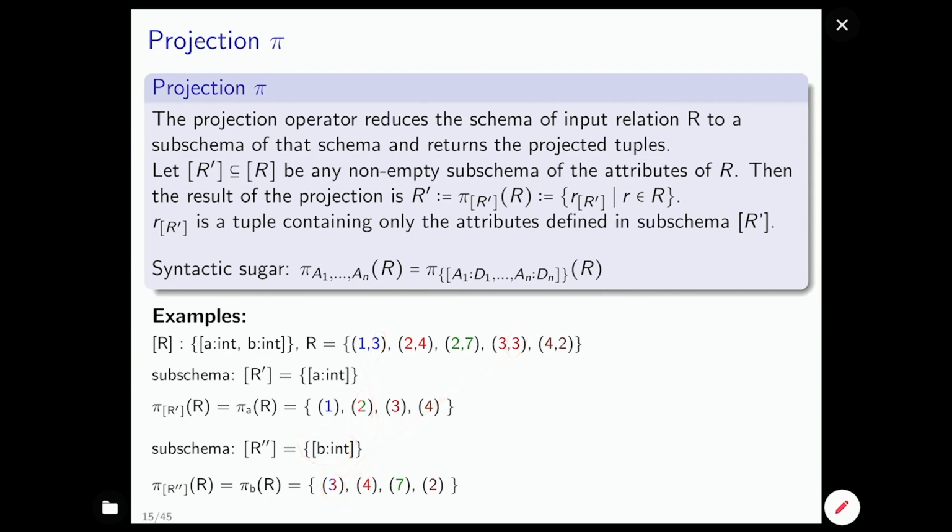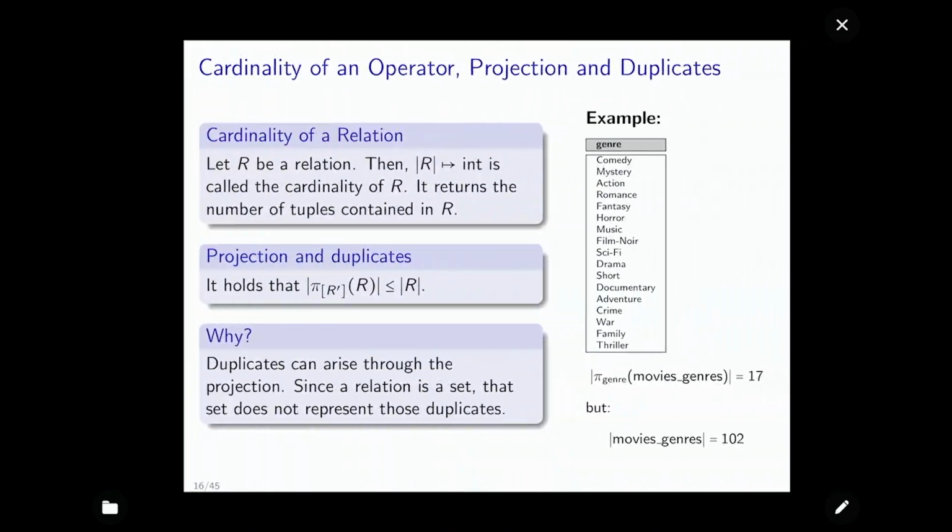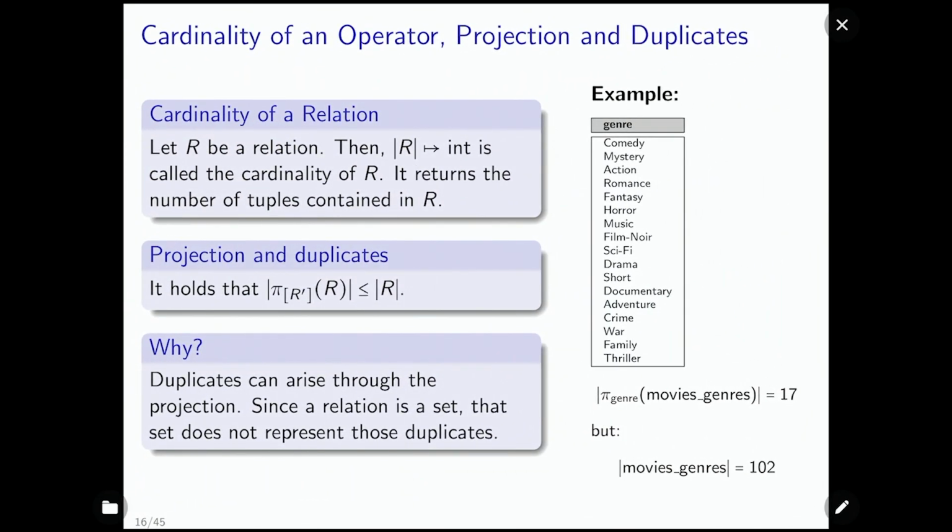And that's important for these projection operators, because you will see that the number of tuples returned by a projection can be smaller or equal to the number of tuples in the input. To facilitate the discussion, I want to introduce something we call cardinality. What's the cardinality of a relation?